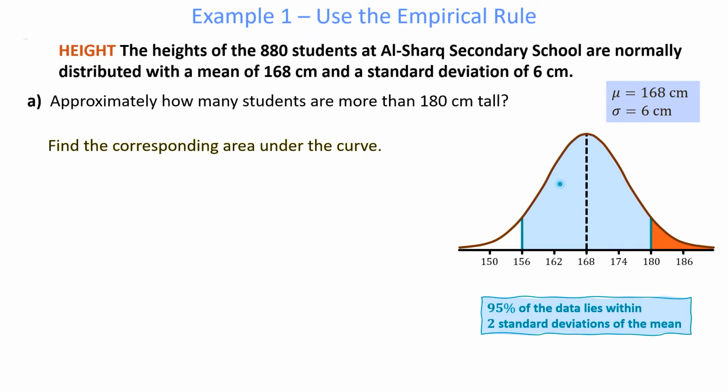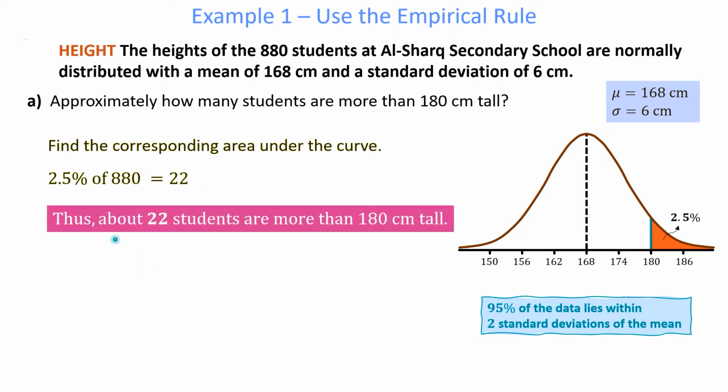Now because of the symmetric property of the normal distribution, 5% is then shared equally between these two tail ends. So half of 5% gives me 2.5%, and that's our probability. Now 2.5% of 880 is what we need to calculate, and that gives us 22. So about 22 students are more than 180 centimetres tall.